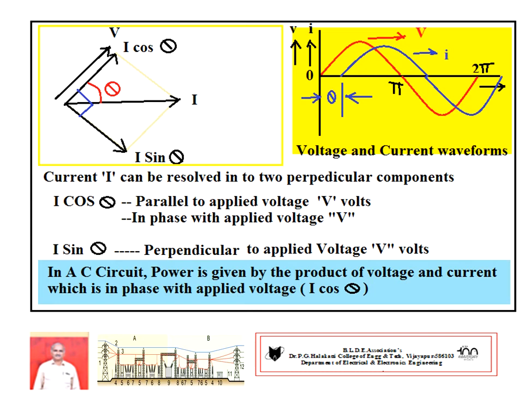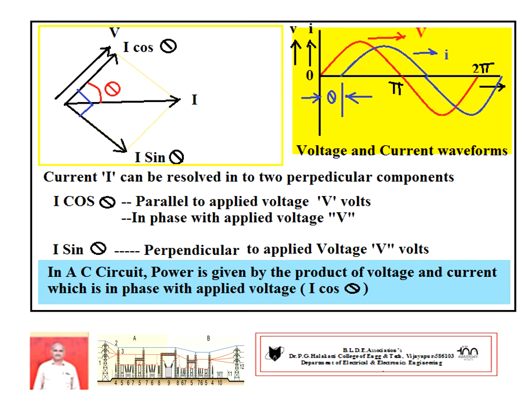Next, the calculation of the power expression. For this I have to draw one more diagram on the left side. Now you see there the V and I vectors are separated by an angle of theta. Taking V as reference, I lags by an angle theta. This current can be resolved into two components.